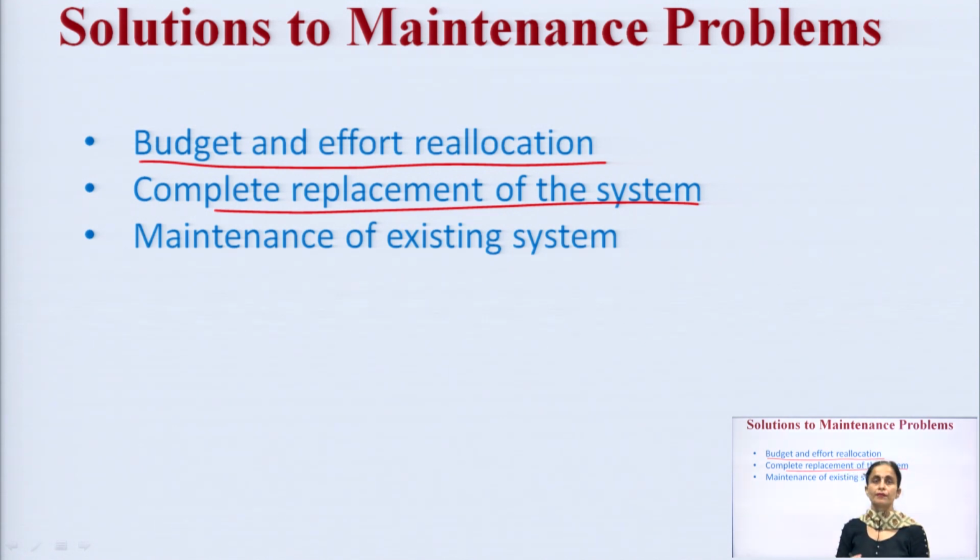If my system is not tuning with the new changing needs, I have to tune it, that is either I will define a strategy to switch to the new system, or I have to redefine my existing algorithm. So, if there are chances of redefining the existing algorithm, I will do that and I will reallocate my budget and effort.